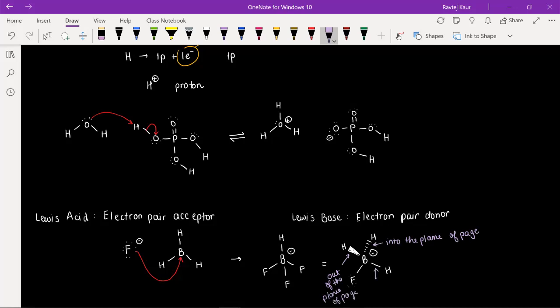And the simple bond, a single line, means it is in the plane of the page. So you can try to imagine what this molecule looks like.